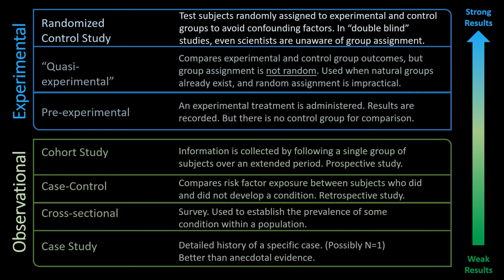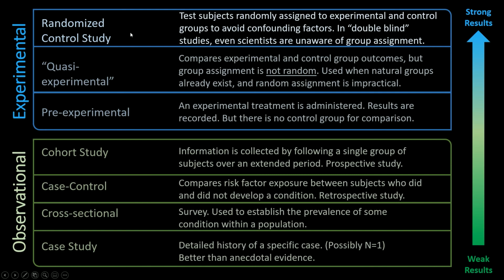And there is some system for allocating the subjects the correct medication that they're supposed to be receiving, but even the scientists handing out the medication do not know who is getting the placebo and who is getting the real medication. That's only revealed after the study has been completed and they're checking the results. So randomized control studies, these are considered top-tier experimental results.